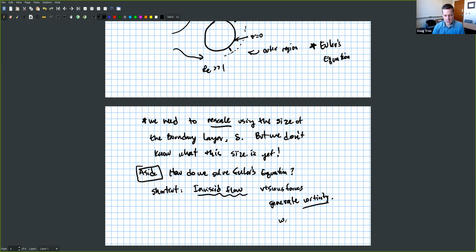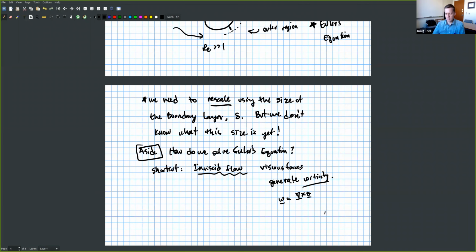Okay, and vorticity, if you remember from your fluid mechanics class, is defined as the curl of the velocity. So you need viscous forces to generate vorticity.